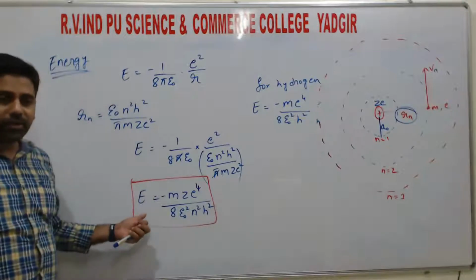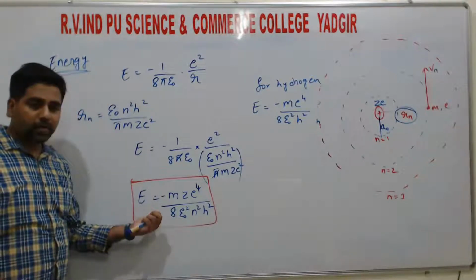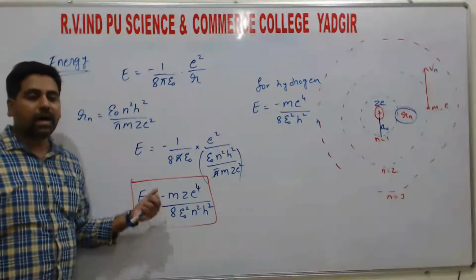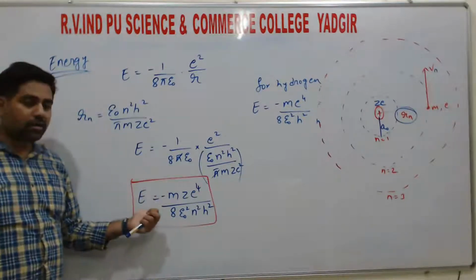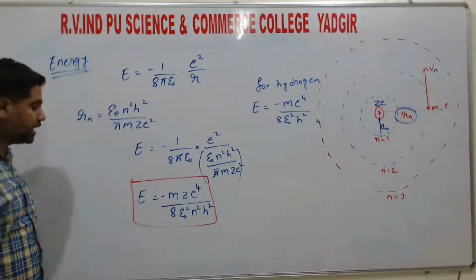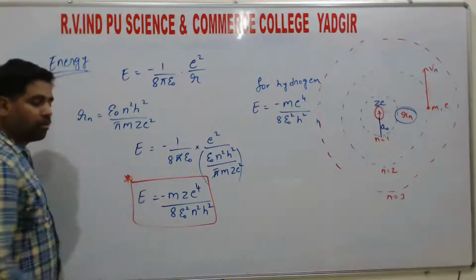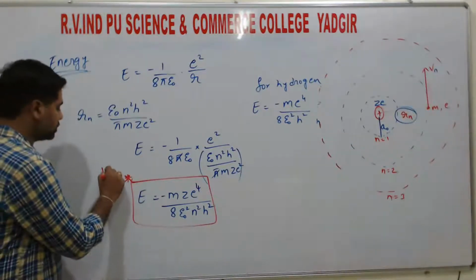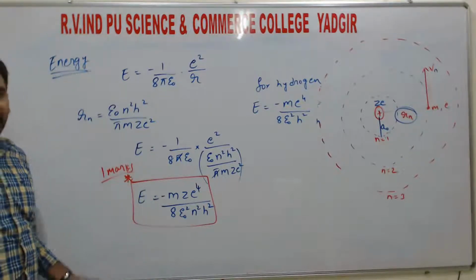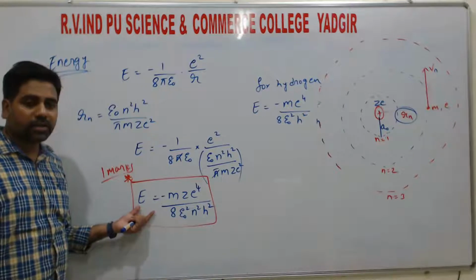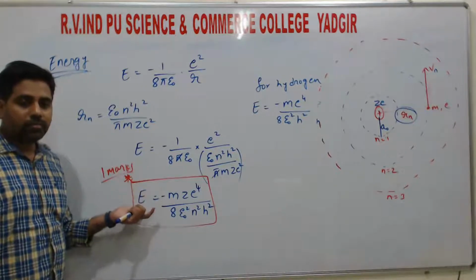So we need to remember this equation, either the Rn value, this relation and this relation. In 2018 they asked this relation for 1 mark, so directly we need to write the expression for the energy of the atom.